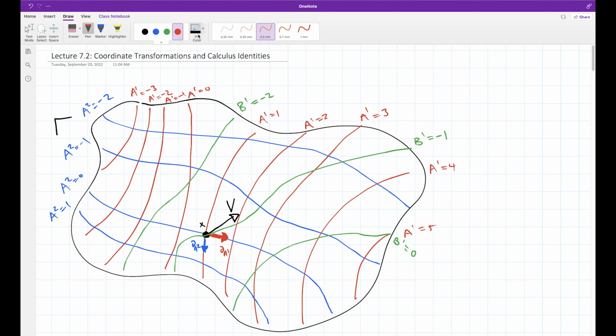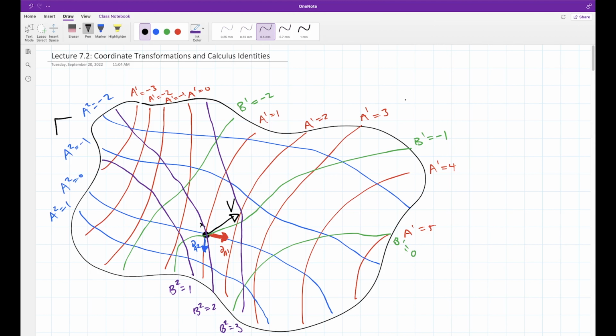And then let's grab another color. Purple's probably good. Okay, so there we go. This can be B2 is equal to 1, B2 equals 2, and B2 equals 3.